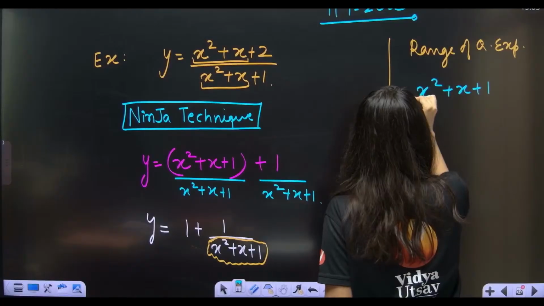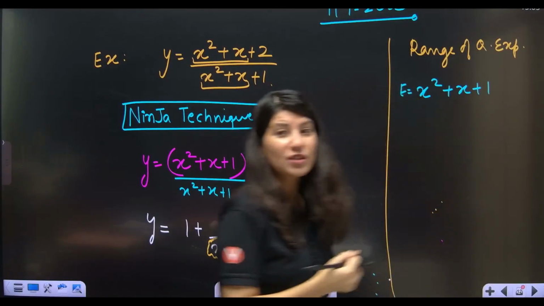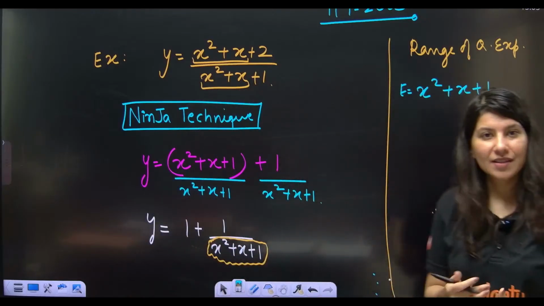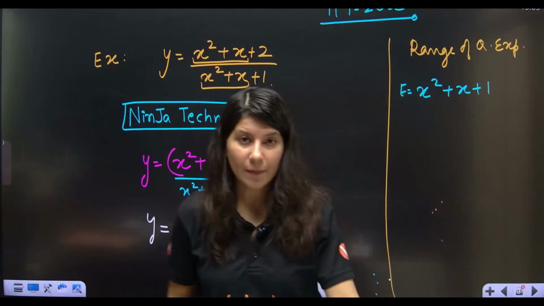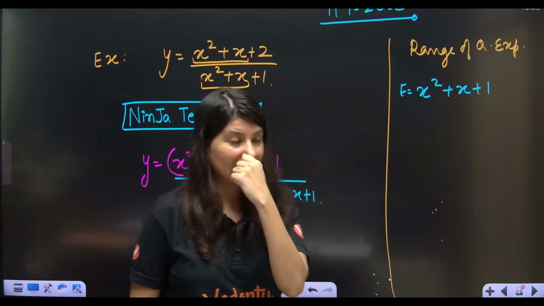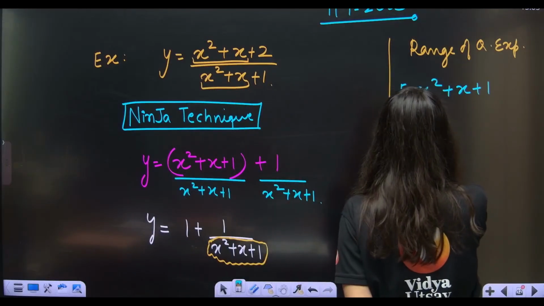What is the range? Let's say E. What is the minimum value? What is the maximum value? There are so many methods. First one is creating a perfect square. Second one is the direct formula, minus d by 4a. Then the calculus method also. Let me apply minus d by 4a.